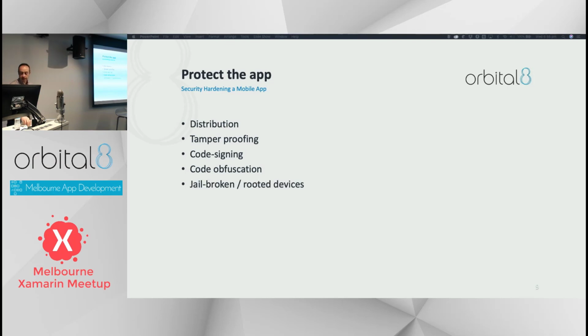And then the last thing I really wanted to say was just a comment about jailbroken devices and rooted devices. In a jailbroken device, which is for iOS, and a rooted device for Android, all bets are off. Basically, jailbreaking or rooting a device removes a couple of fundamental layers of security from the Android or iOS operating system.